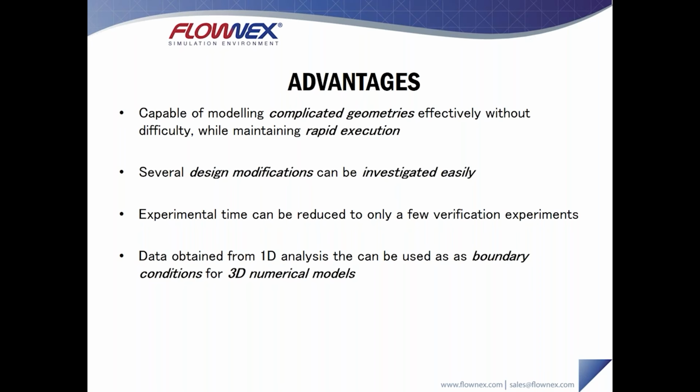I'll be covering that in the example I'll be going over. You'll get a first-hand look at how we can set up parameter tables within Flownex to vary things like engine operating conditions or even engine geometry.